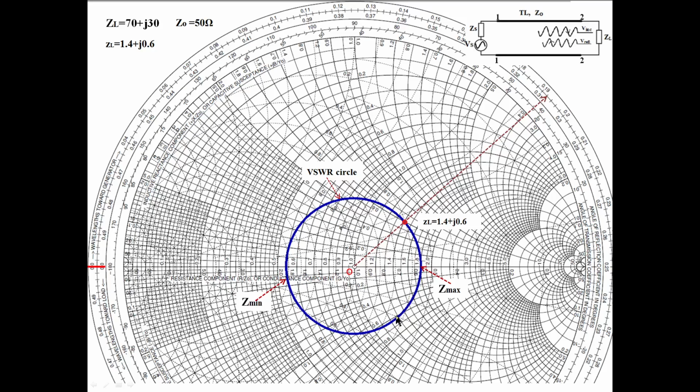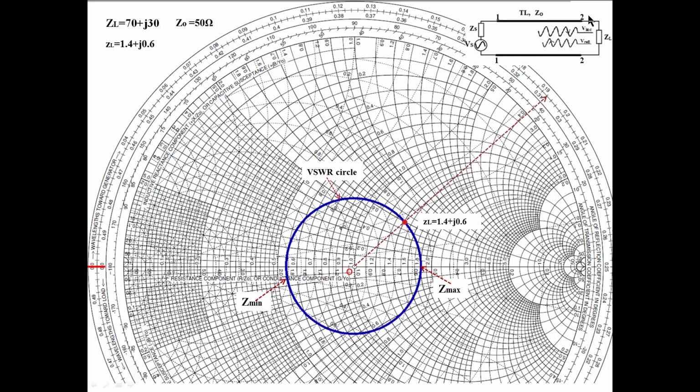This is nothing but moving on a transmission line from the load point. Whatever movement I am showing on the Smith chart is nothing but moving over a transmission line towards the generator. Starting from the load, you should move in the clockwise direction. That movement is nothing but moving towards the generator on a transmission line.